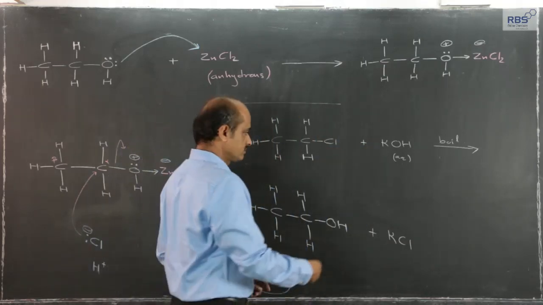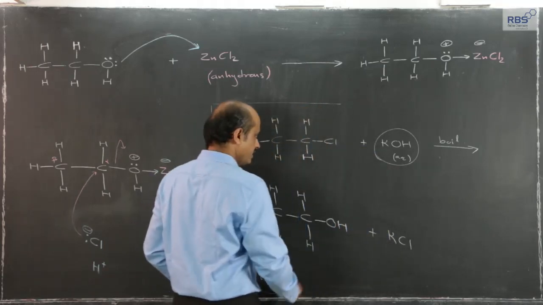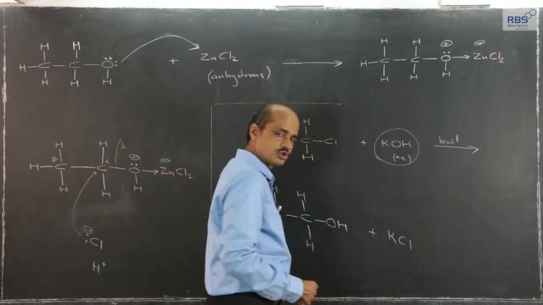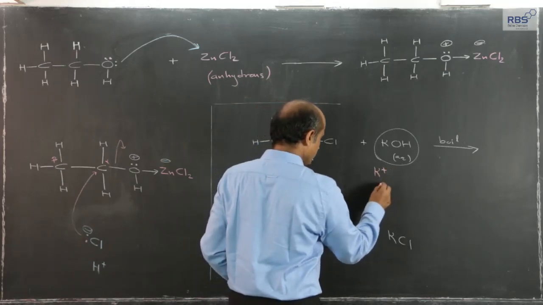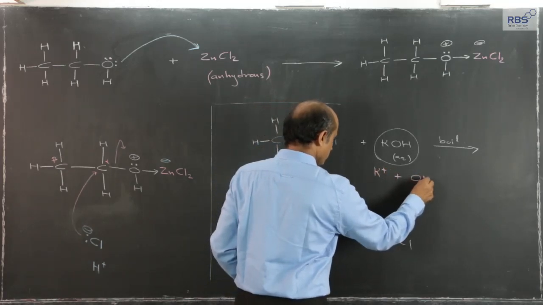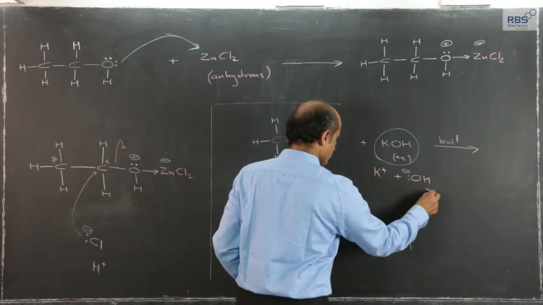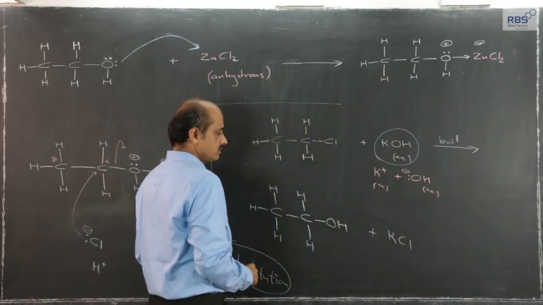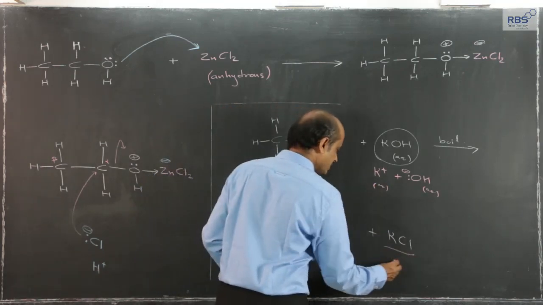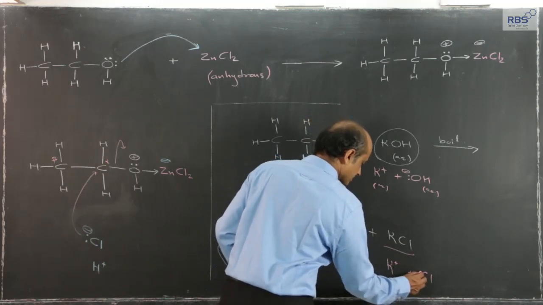But in aqueous solution, if we consider the aqueous solution of KOH, a strong base, it is present in the form of free K plus and OH minus ions. In aqueous solution, KCl is also present in the form of K plus and Cl minus ions.